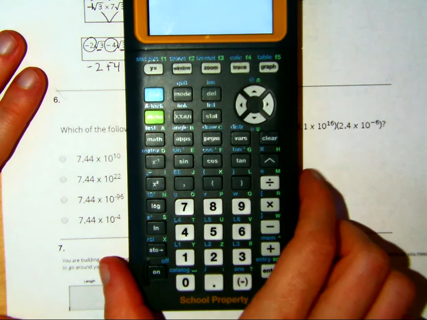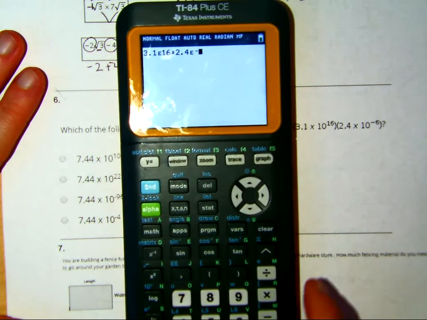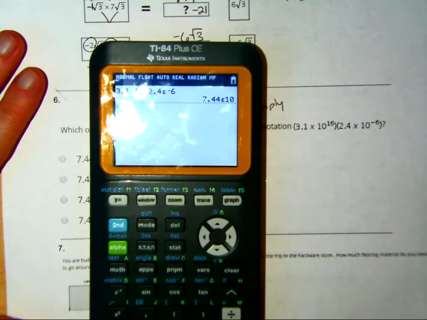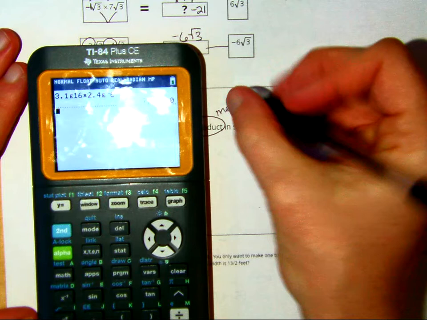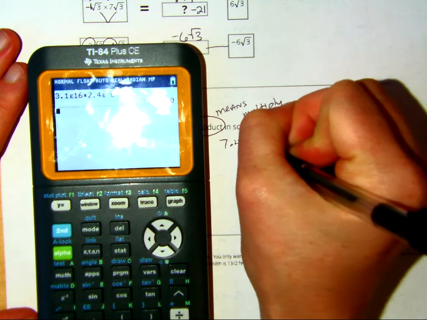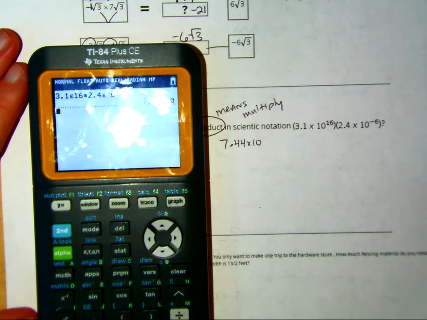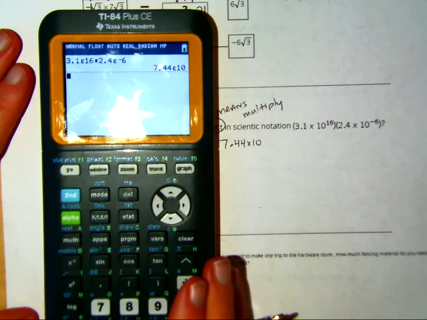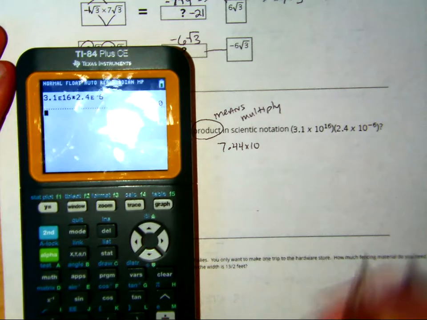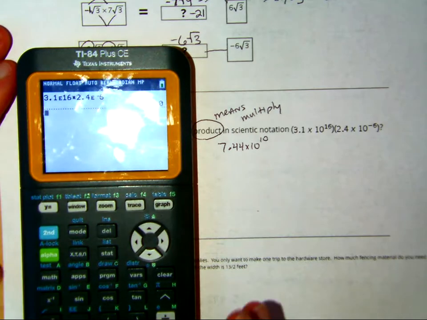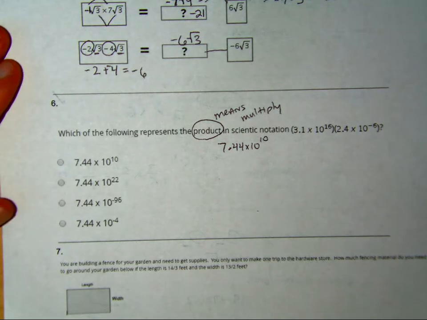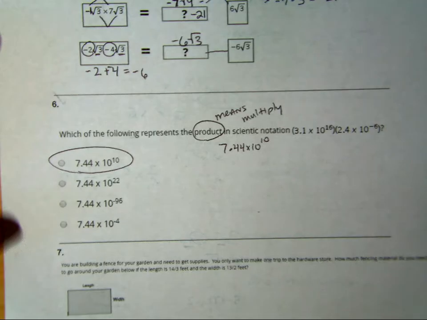So -6. So you can just go ahead and plug that in your calculator and hit enter. And it says the answer is 7.44 times 10, because remember E means times 10 to the 10th power. Okay? And we do have an answer that matches.